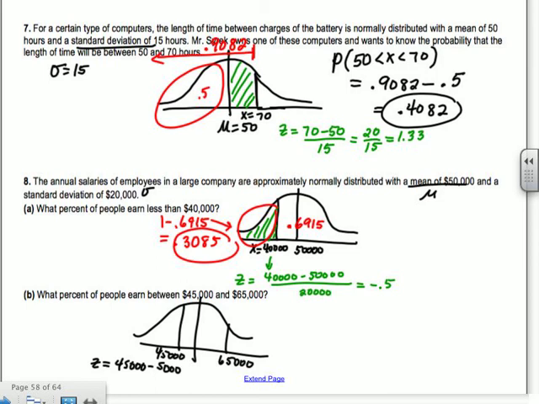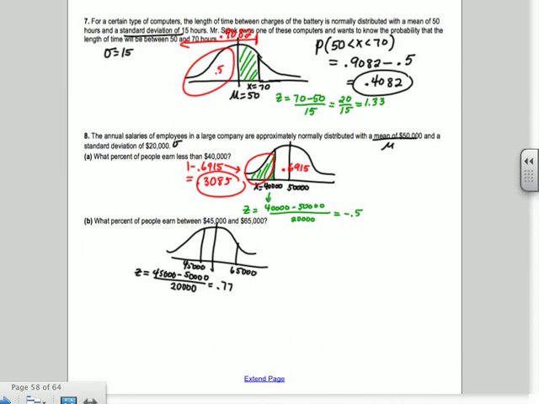What do you guys get for that first z-score? Okay, what is 45,000 minus 50,000 all divided by 20,000? Negative 0.25, that's what I'm asking.